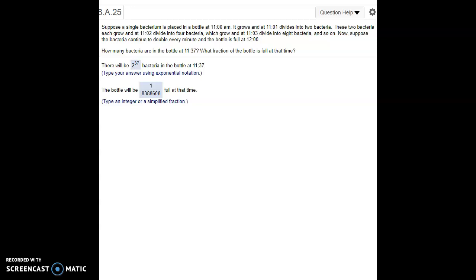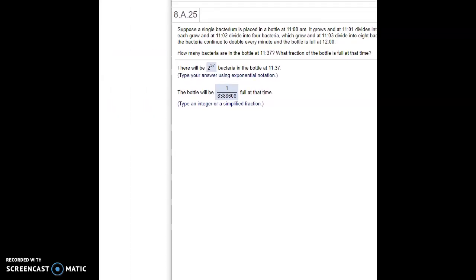So this is a doubling problem, and for the doubling problem, we're going to use the information they give us in the problem and see what happens. So let me pull up a blank sheet of paper here.